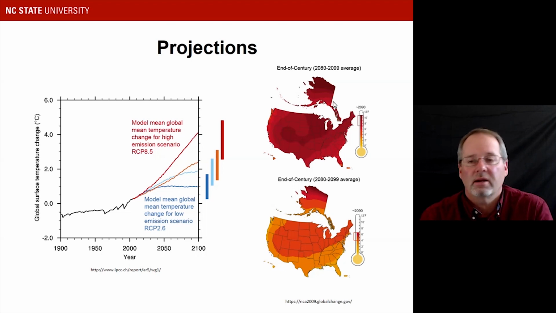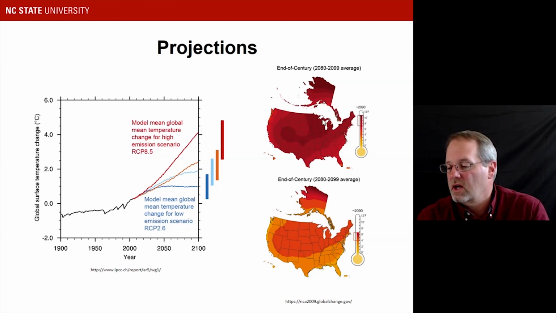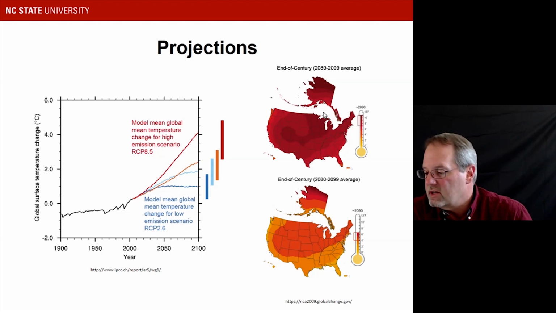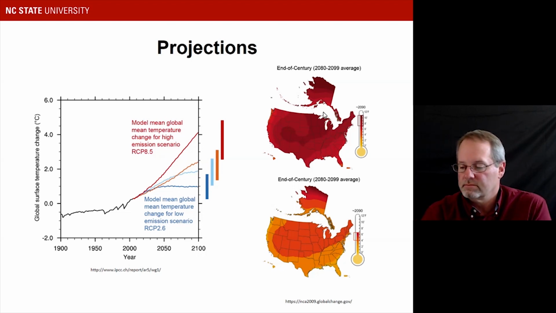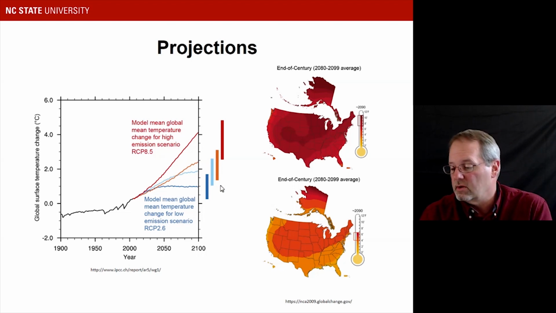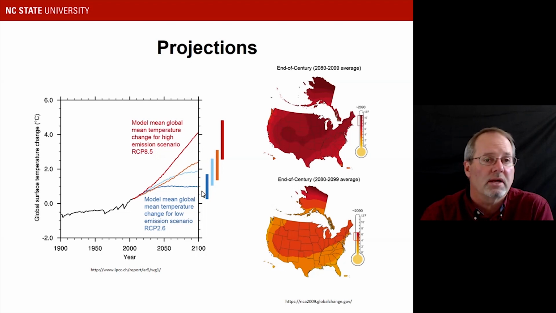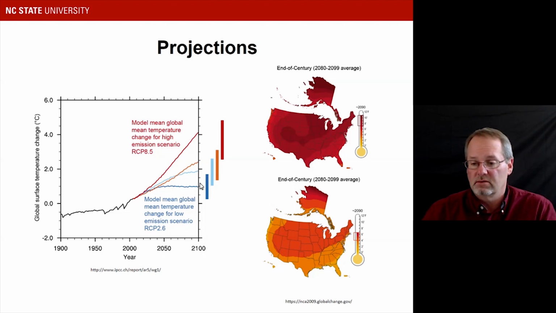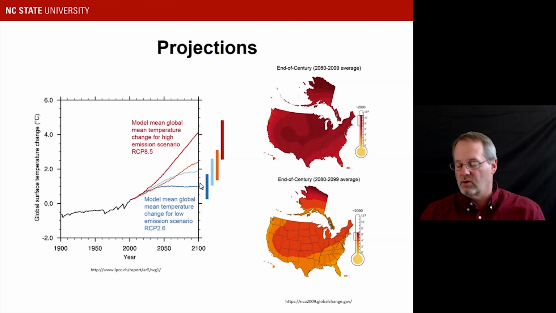The map on the top right shows what the temperature differences might be. There are spots at 8 degrees, and spots that are lower. If we take some actions to decrease global warming, then maybe we'll come down to this blue curve, which would show an increase in average temperature, but a much smaller one. And that's based on activities that we do to reduce the global temperature.